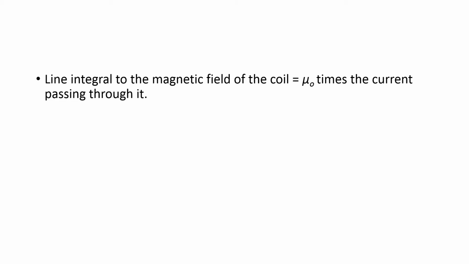You are passing the current through the coil, so mu 0 I. Suppose the current is I, then the magnetic field B dot dl is equal to mu 0 I. Mu 0 is the permeability. Yes, that is called Ampere's law.